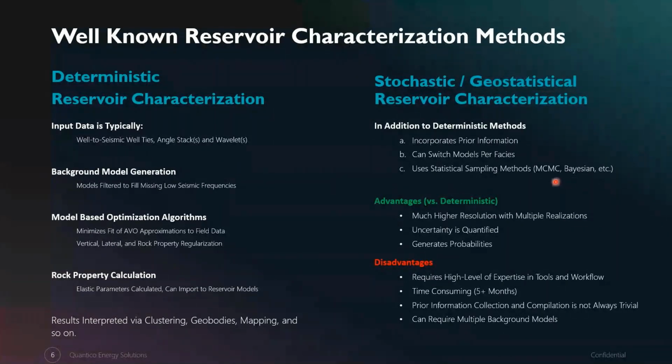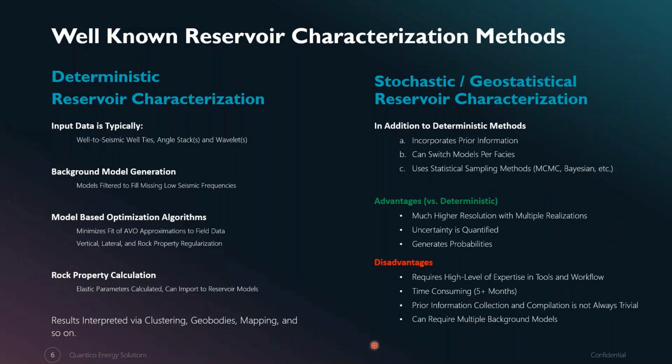Some very advanced methods are using Markov chain Monte Carlo methods, which are very powerful but very difficult to use and time consuming. The advantages are much higher resolution compared to deterministic inversions, and we could get multiple realizations out, and uncertainty is quantified, and we have probabilities of our rock properties.